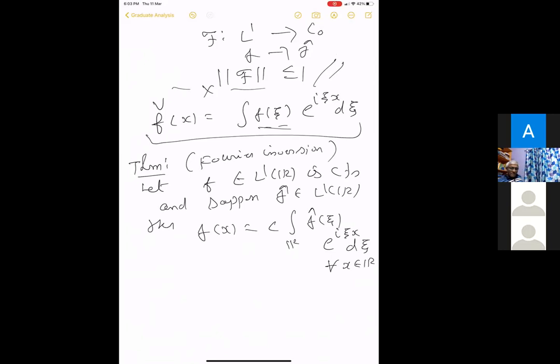But we can still multiply by some function vanishing at infinity, like e power minus x square. Then we can integrate it. Any continuous function, you multiply by e power minus x square, then you can integrate it.